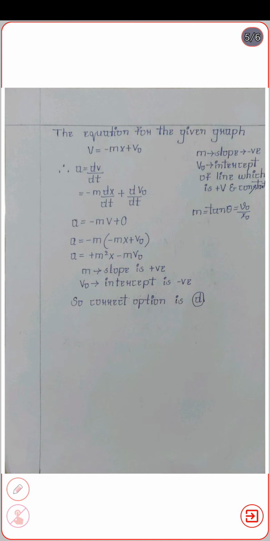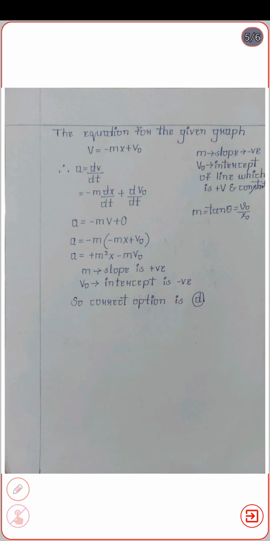Next, a equals minus m v. Then what is the v value? Whatever we first wrote, v equals minus mx plus v naught, I will substitute here. Then we will get a equals plus m square x minus m v naught. Now compare with the first equation.